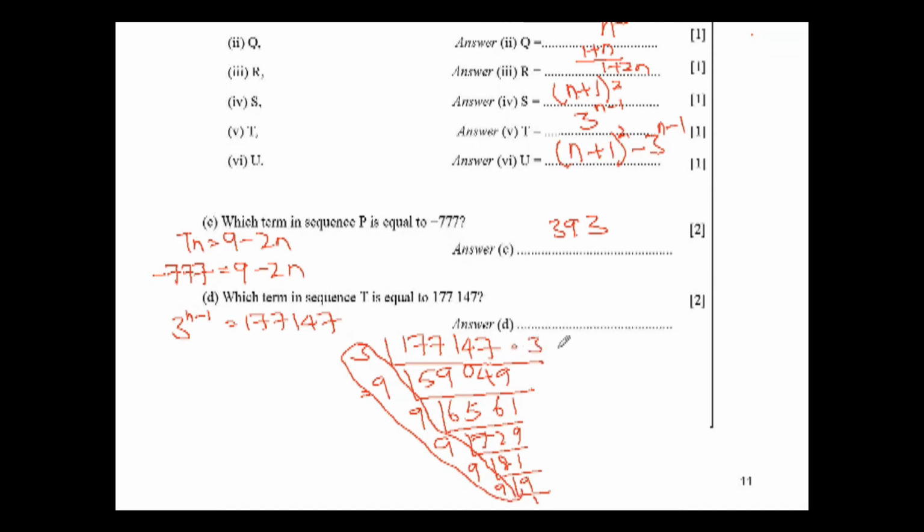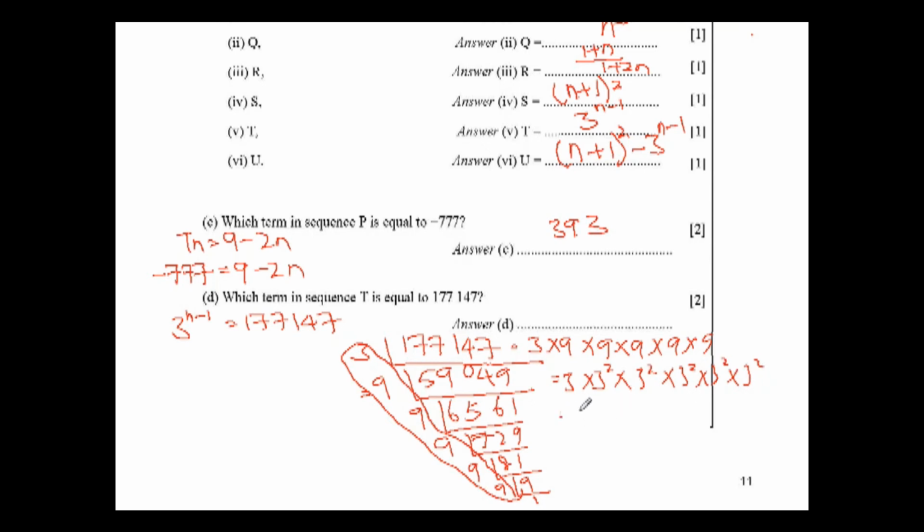So this is equal to 3 times 9 times 9 times 9 times 9 times 9. That is 5 nines. Which is equal to 3 times 3 squared times 3 squared times 3 squared times 3 squared times 3 squared.